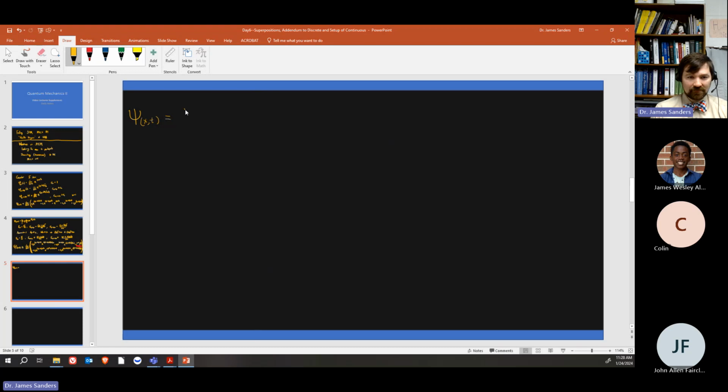We have e to the i p naught x over h bar, e to the minus i p naught squared t over 2m h bar, divided by square root of 2 pi h bar.